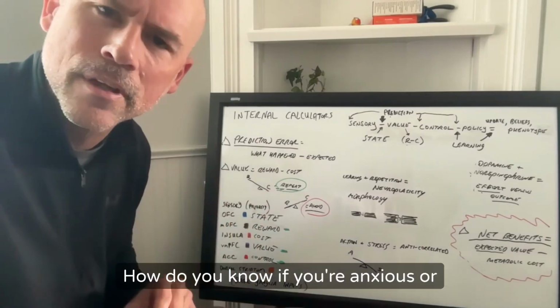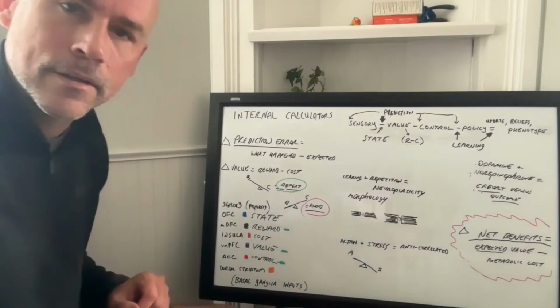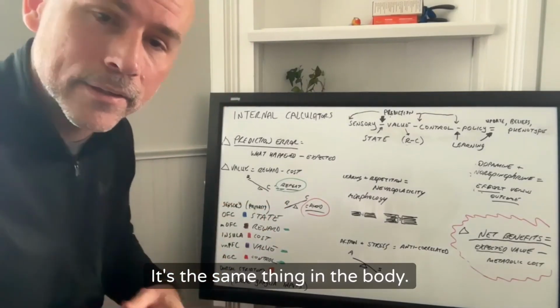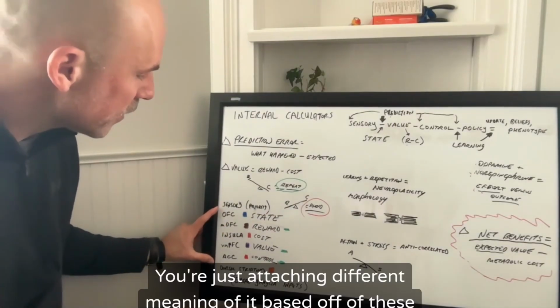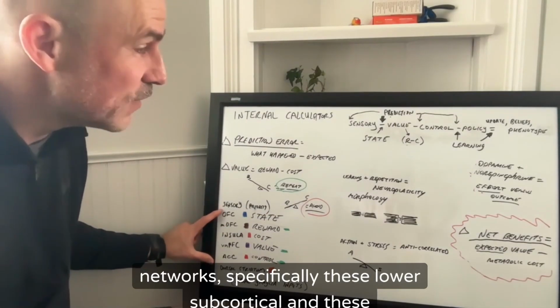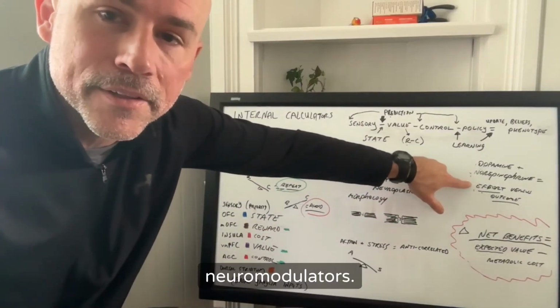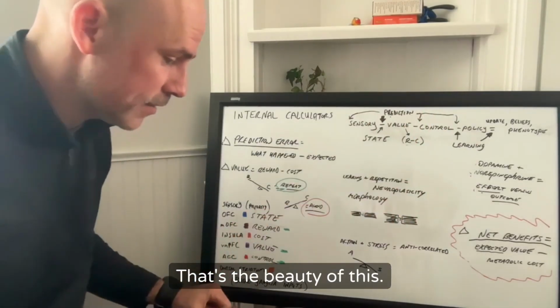How do you know if you're anxious or if it's excitement? It's the same thing in the body. You're just attaching different meaning of it based off of these networks. Specifically, these lower subcortical and these neuromodulators. You can change those. That's the beauty of this.